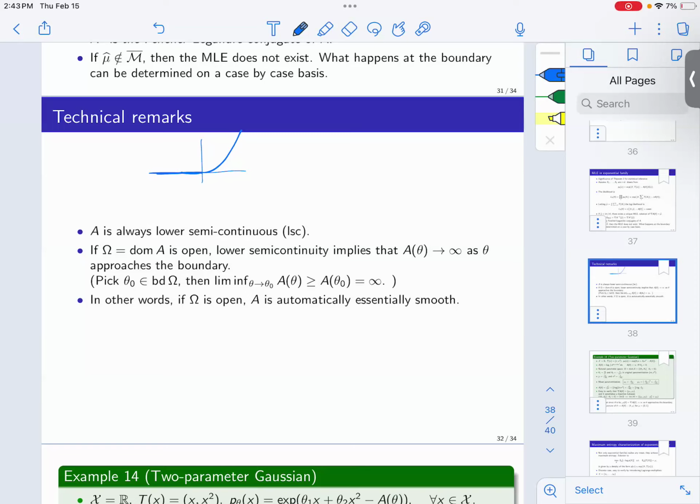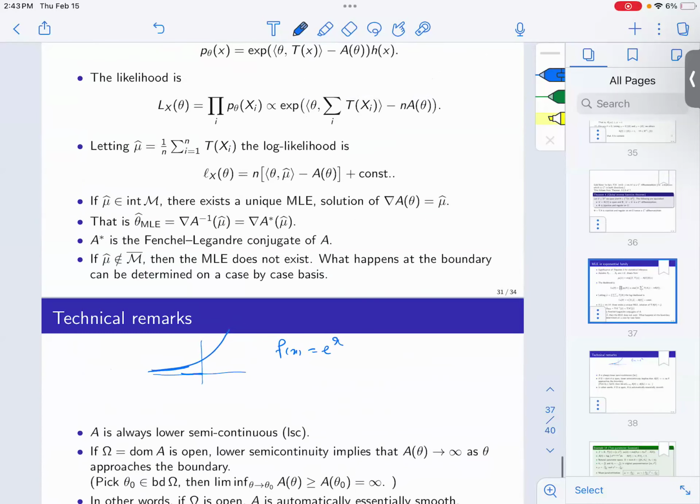So the example that you can give me is f of x equals e to the x. This function is convex, and it's also strictly convex, but does not achieve its minimum. It goes to infinity. So those things could happen. Although things are smooth, and let's say your function is strictly convex, something like this. So things are trickier than they seem.